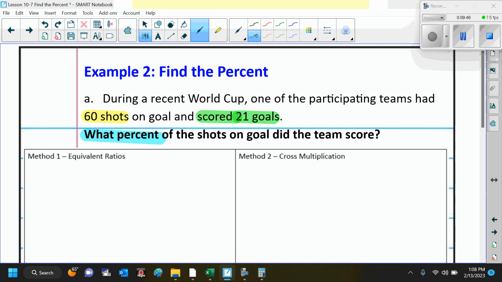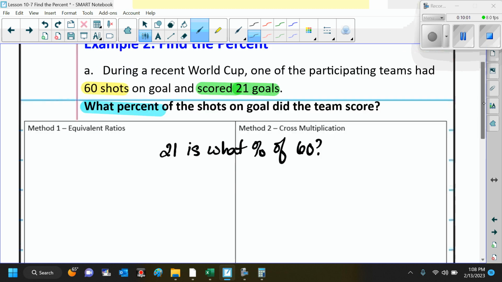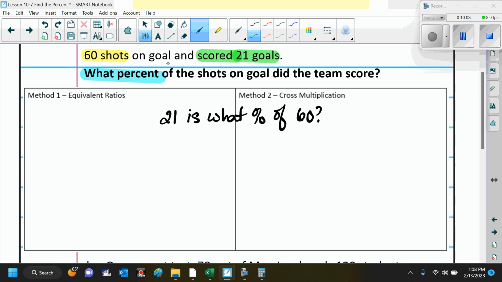So if I were going to write a what number question, that would say 21 is what percent of 60? And now we can write our proportions. Again, we're going to write percent over 100 equals is over of, or part over whole.